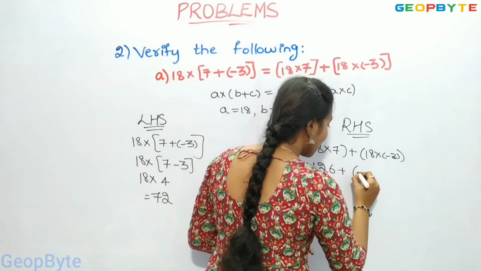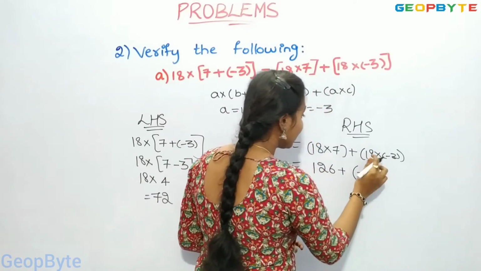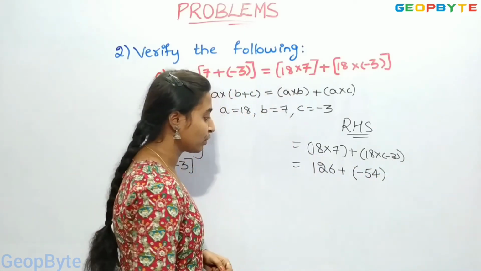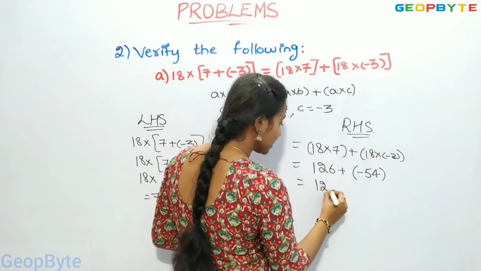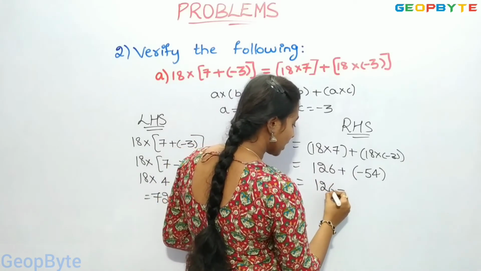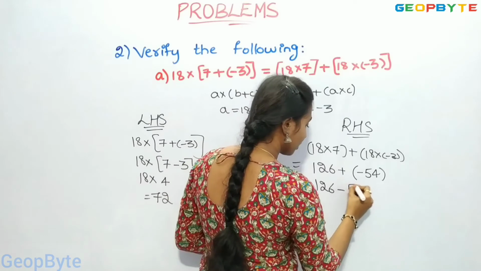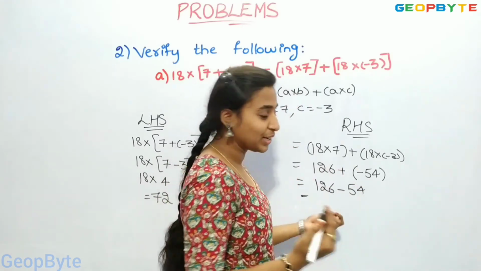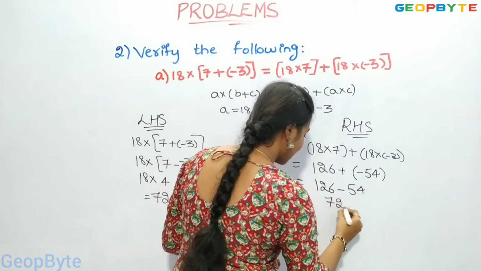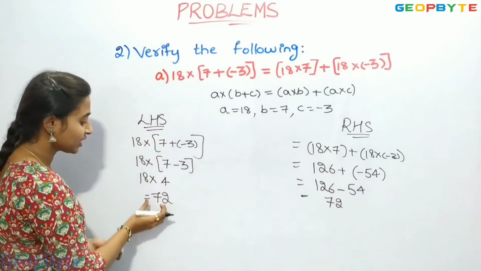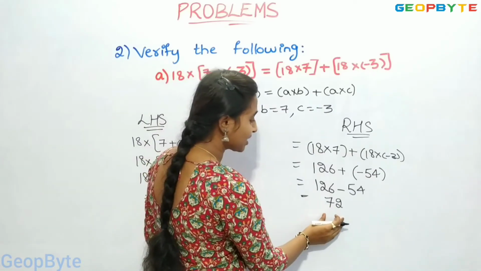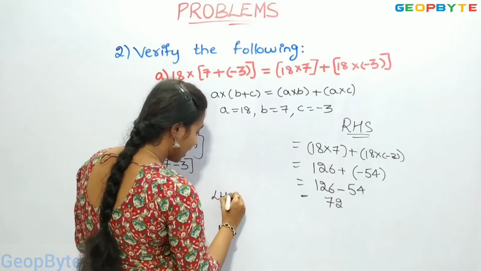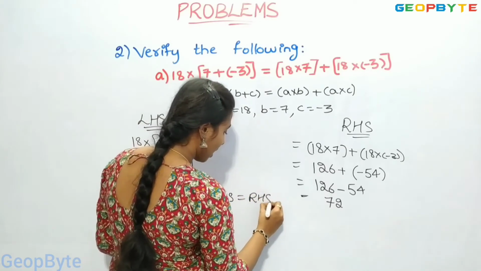So it is minus 54. 18 threes are 54. We have minus here, so it is minus 54. Now 126 plus into minus, minus 54. 126 minus 54 is 72. See, we got the left hand side as 72 and right hand side as 72. We have verified that LHS is equal to RHS.